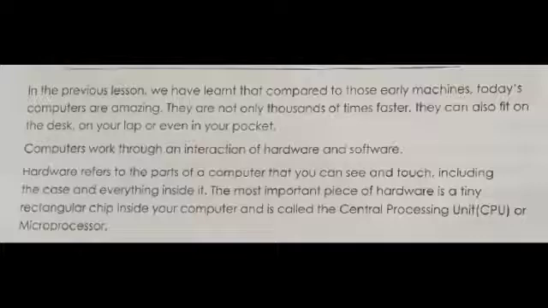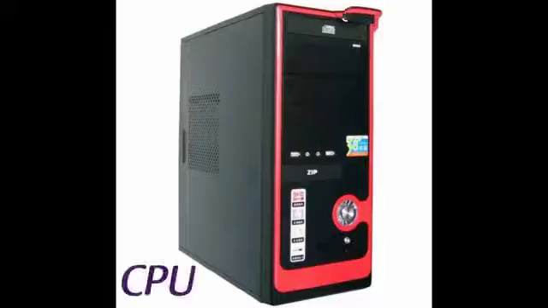Hardware refers to the parts of a computer that you can see and touch, including the case and everything inside it. The most important piece of hardware is the tiny rectangular chip inside your computer, called the central processing unit, or CPU, or microprocessor.